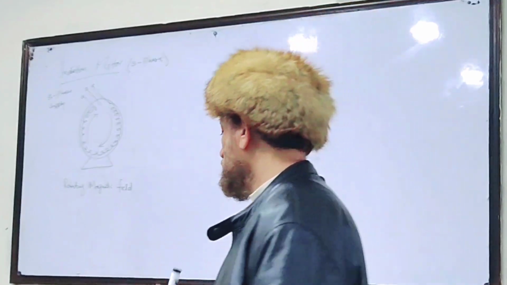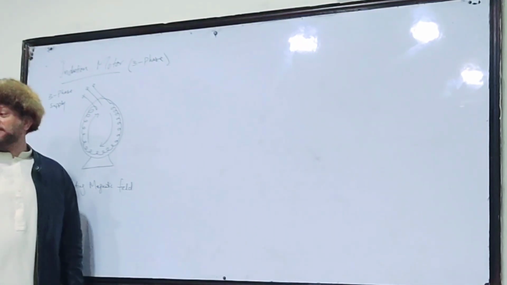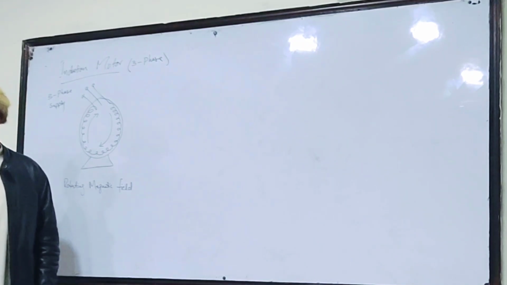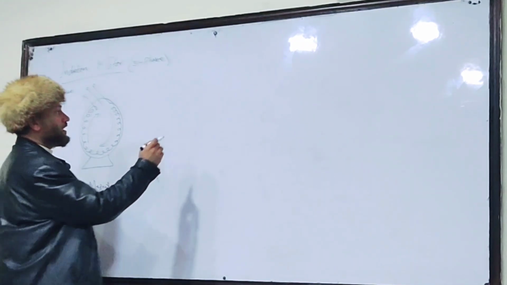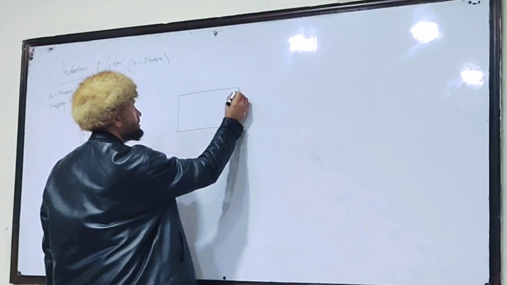Understand my point? Now the rotor construction in induction motor is very different from DC motor. Very different. Understand? So the rotor, I got a blue color marker.